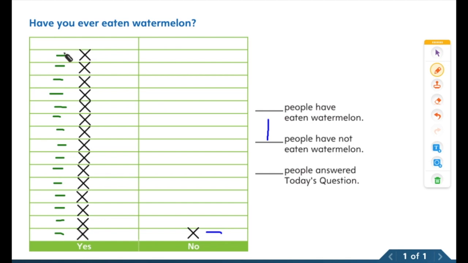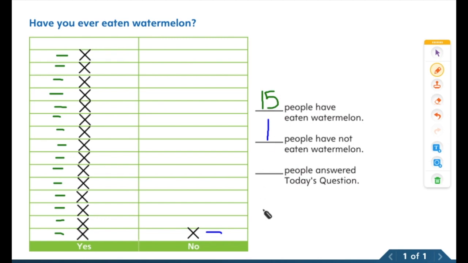Me too. 15 people said yes, they have eaten a watermelon. Think about, how am I going to write the number 15? 15 is 2 digits. If you said a 1 and a 5, you are absolutely correct.